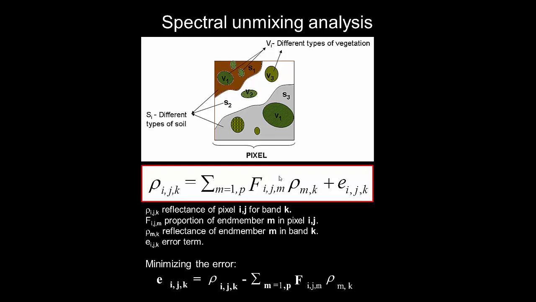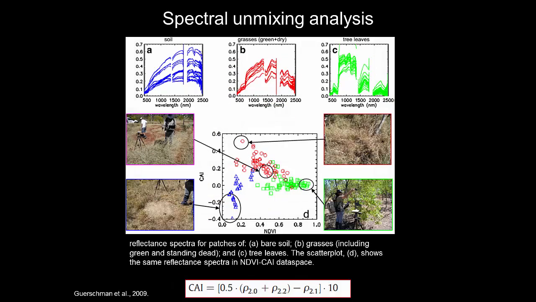Because each observed spectral signal is the result of the actual mixing process, it is expected that the derived abundances satisfy two constraints. One is that they should not be negative, obviously, and the second one is that the sum of the abundances for a given pixel should be 1. In this specific case, spectral measurements of soil, grass and tree leaves form a triangle in a scatter plot of NDVI and CAI.